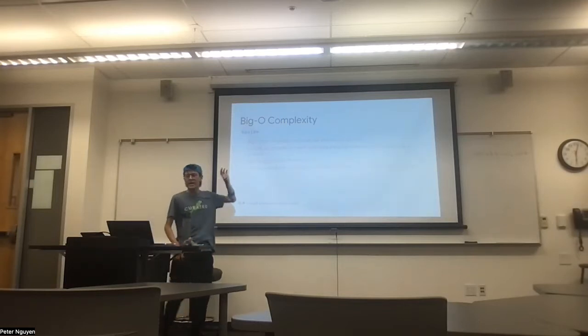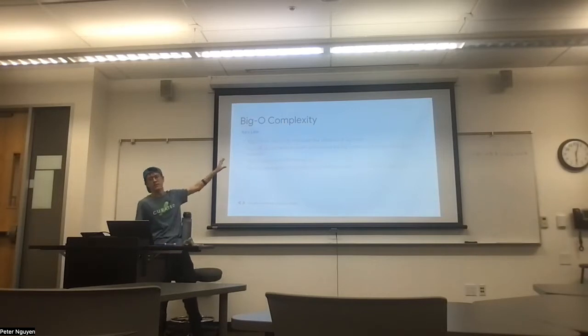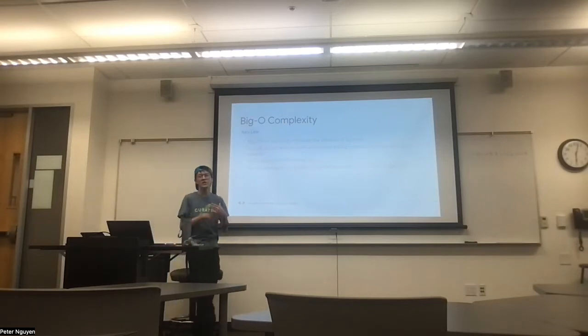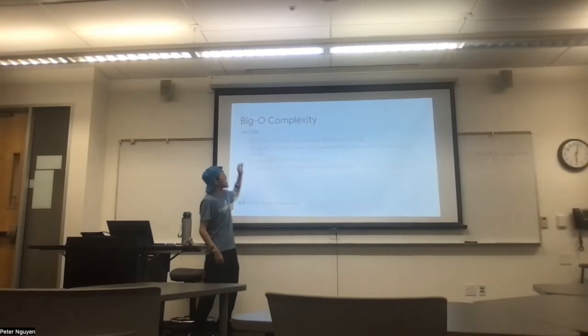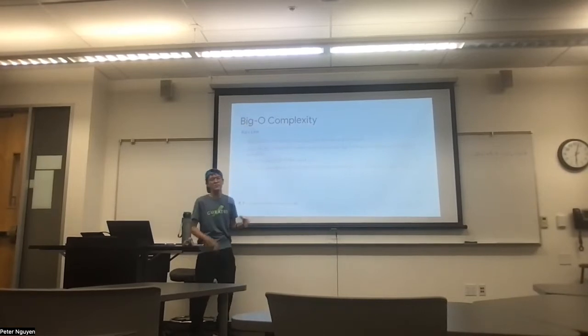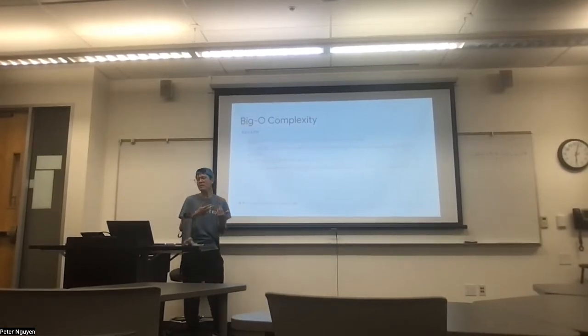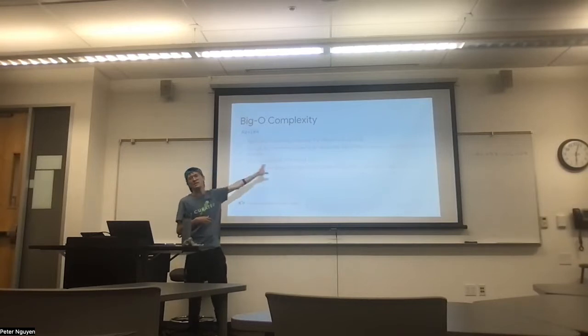So first thing that we covered last time was big O complexity. Big O complexity was the measure of how efficient a code is. As competitive programmers, it's our job to make this as small as possible. Big O is based on the input size. So for example, if the input is a string, then a big O would be based off of the size of that string.